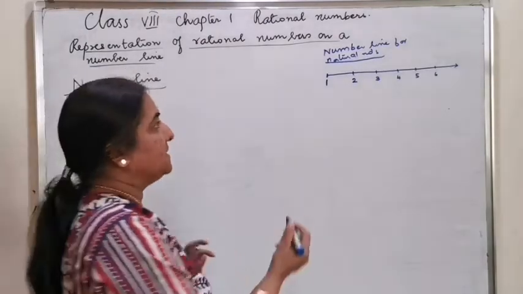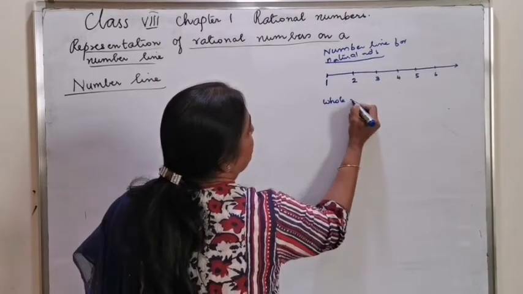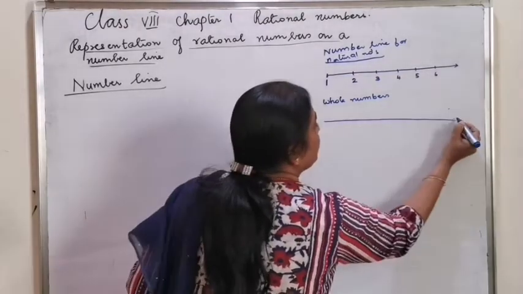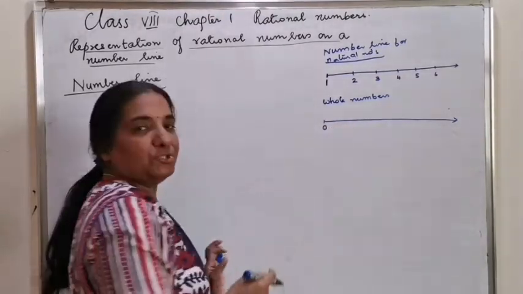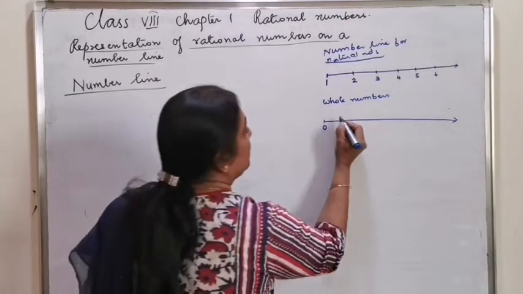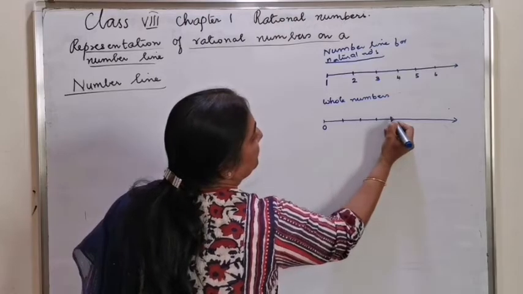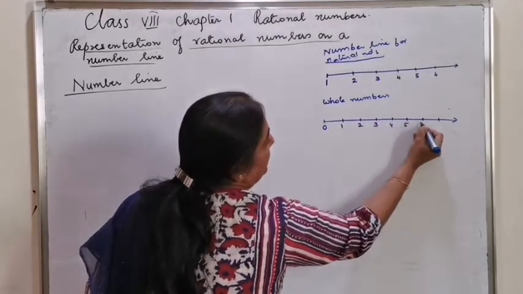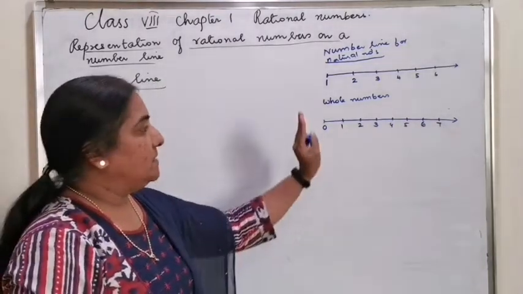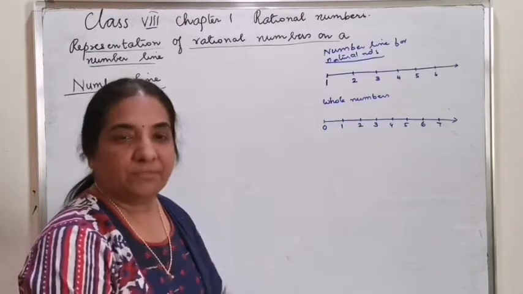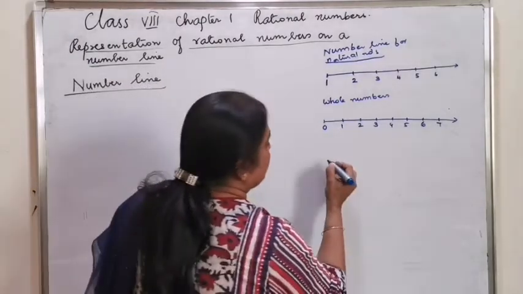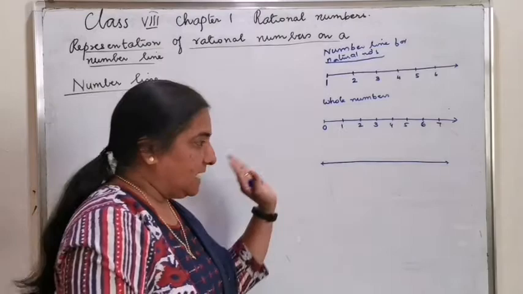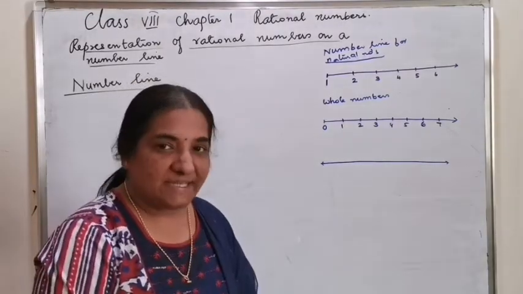The next is the set of whole numbers. How do you represent the set of whole numbers? By a number line, and the initial point will be 0. At equal distances, you will plot points which represent the consecutive numbers 1, 2, 3, and so on. Then, to represent integers on a number line, you will take a line extending in both directions.